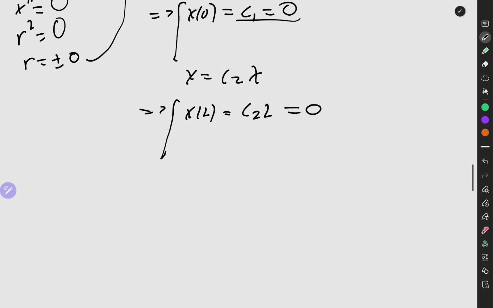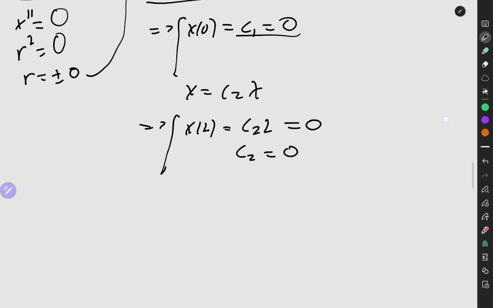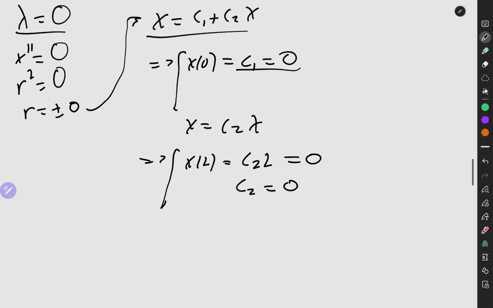You can just divide by L. That C2 is going to be equal to 0 for this one as well. Right, it's always going to be 0 because no matter what length you have, no matter what value for your constant you have, it's always going to be undefined, if that makes sense.